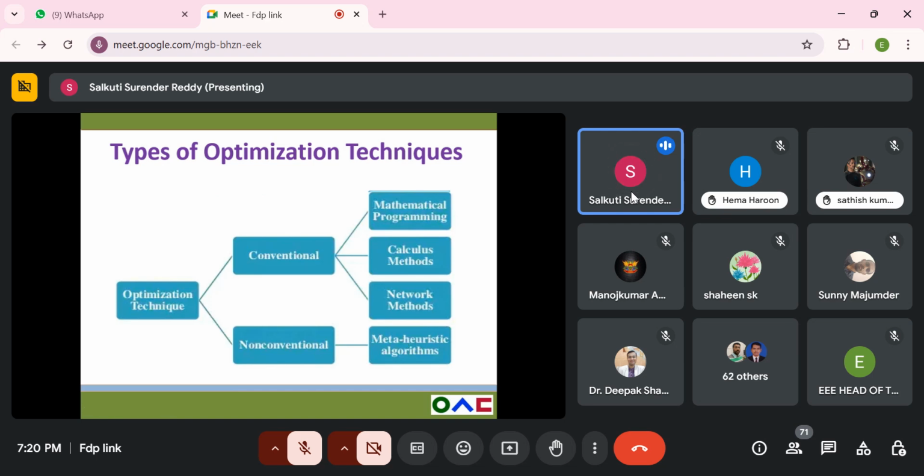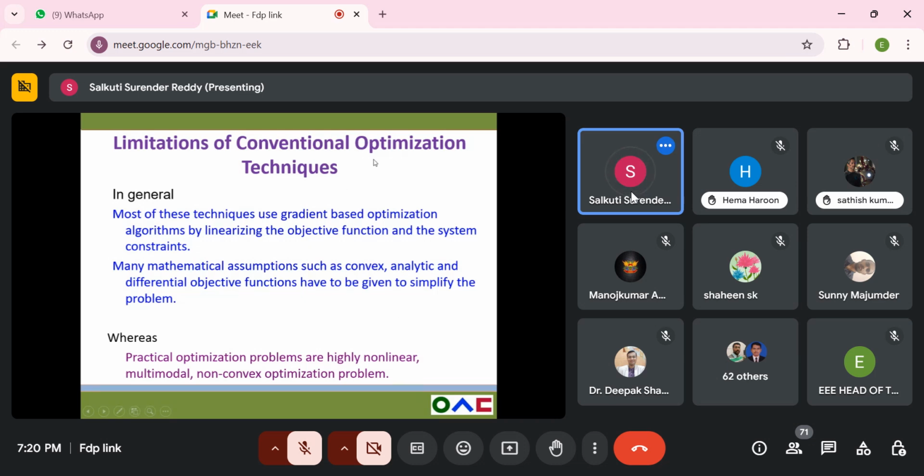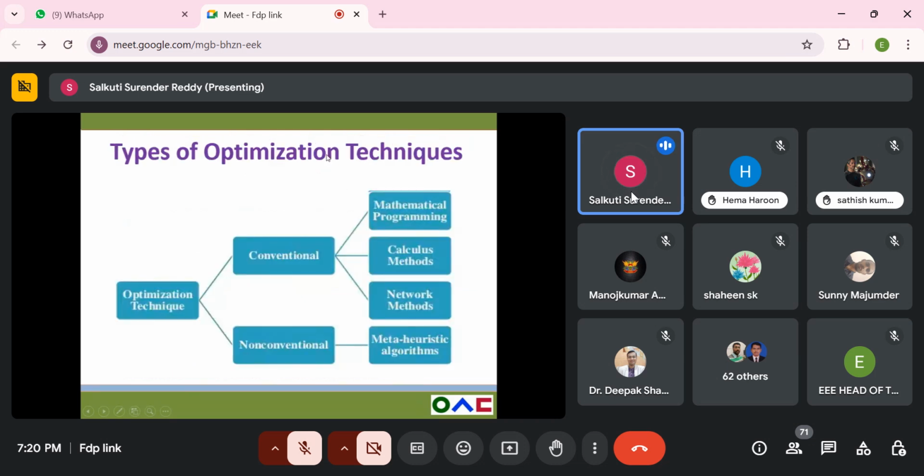Based on these meta-heuristic algorithms, they are going to optimize. Conventional techniques can be used and they are going to give you the result.